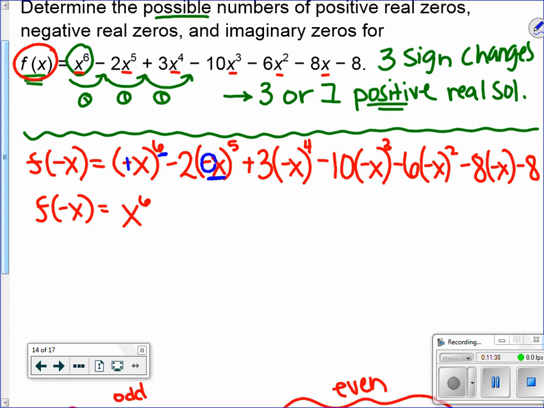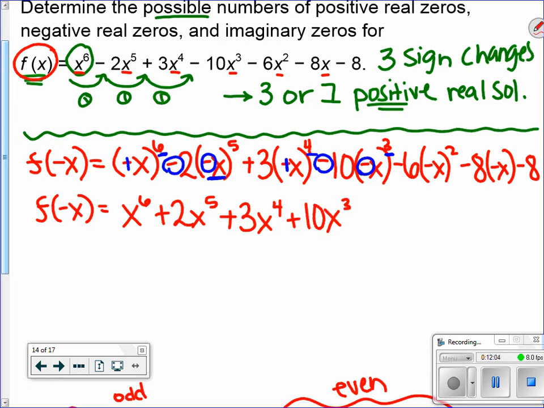So a negative x times a negative 2 is a positive 2x to the fifth. Okay, next one is even exponent. So we're just going to ignore it and write what it had. So 3x to the fourth. We've got another odd exponent here, so you got to keep this negative times a negative as a positive, so plus 10x to the third.